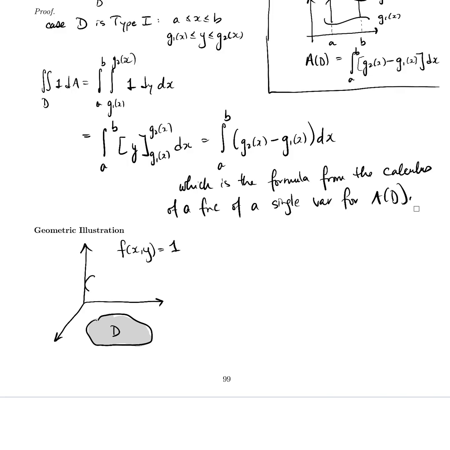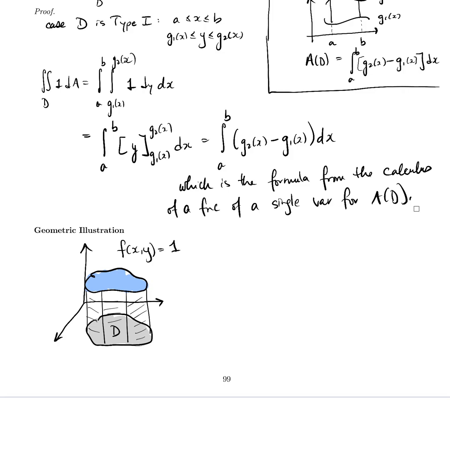So let's draw that floating above D back there. If this is 1, then that is a flat surface, and I can sort of draw it coming down with straight sides onto the region D.